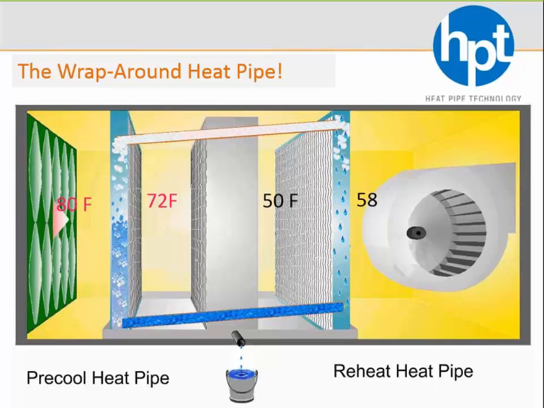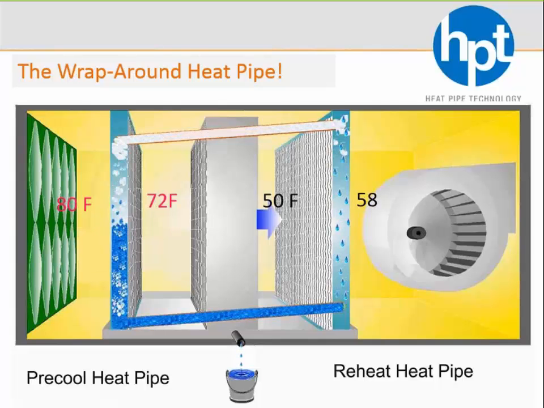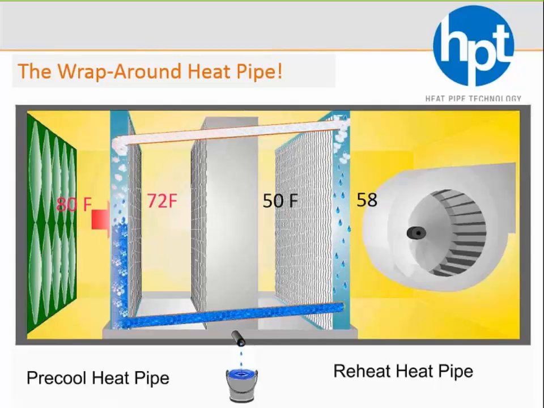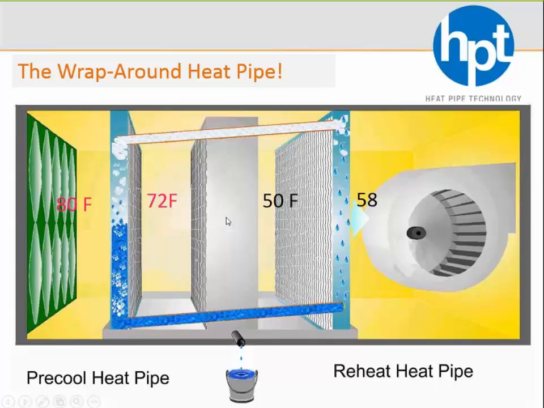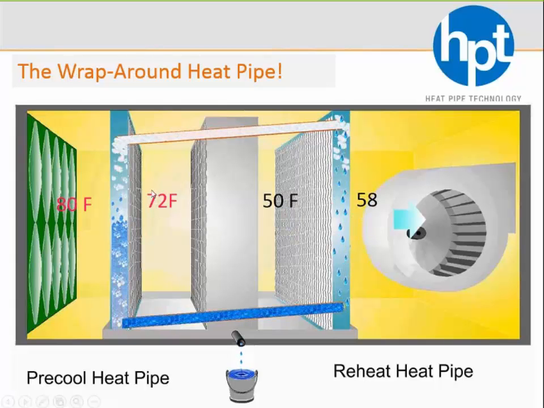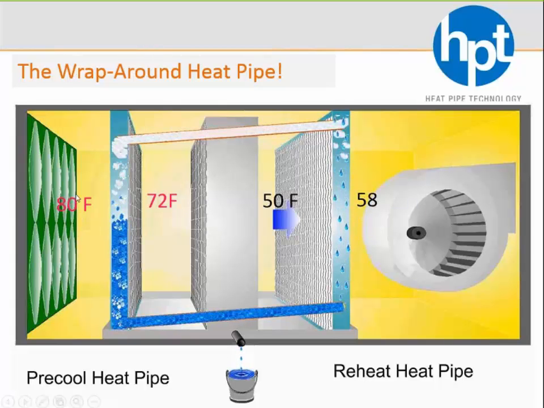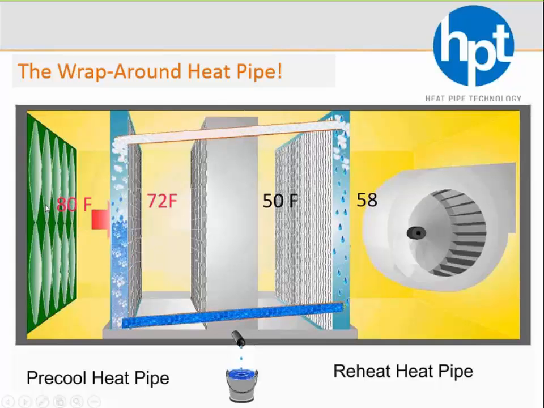What's nice about this style of system is that it's completely passive, as well as being the only energy recovery device that affects both sides of your cooling process. It pre-cools before you get to your cooling coil, and it provides reheat as well. What's driving this system is the temperature difference between the outside air and the temperature leaving your cooling coil.